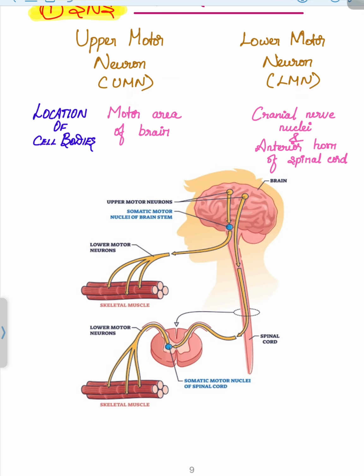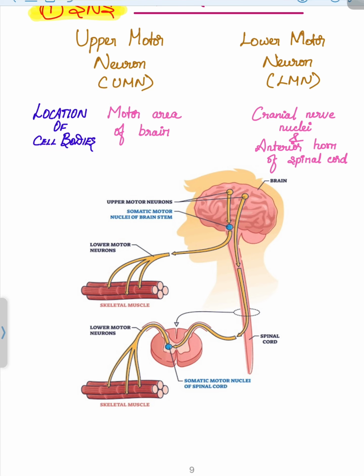Upper motor neurons have their cell bodies in the motor area of the brain. Here there are many areas in the brain. We will discuss each and every area in upcoming videos. Now, get to know that in the motor area of the brain, the upper motor neuron cell bodies are present.